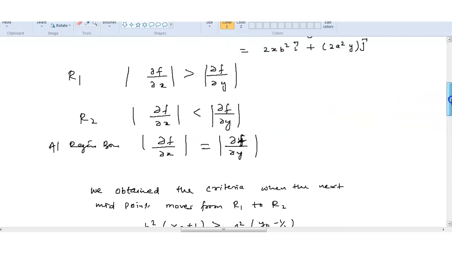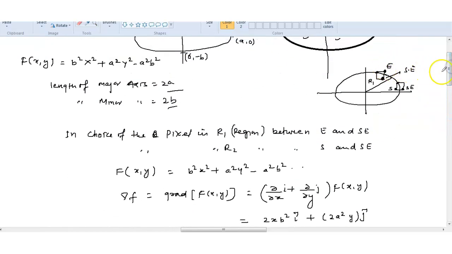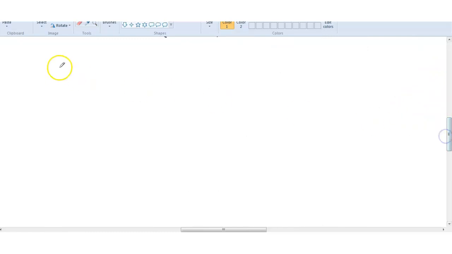So now let's first discuss the region R1. First let the current pixel be xp, yp, and that is your d old.